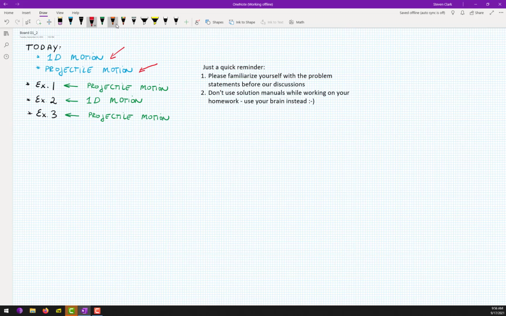And plus that thing about solution manuals, I think this is the worst thing you can do this semester: instead of thinking on your homework problems, just go for ready-to-go solutions. It's crazy, basically.